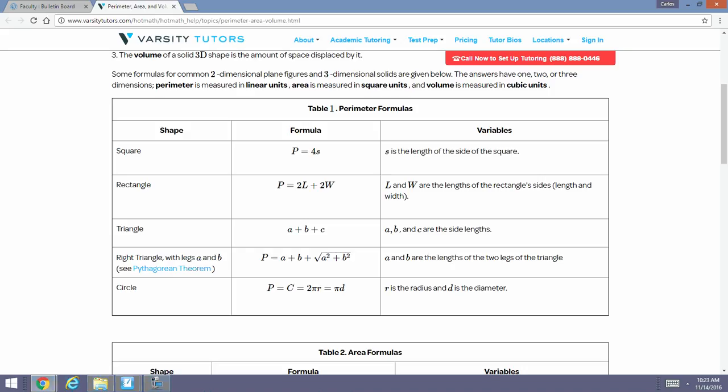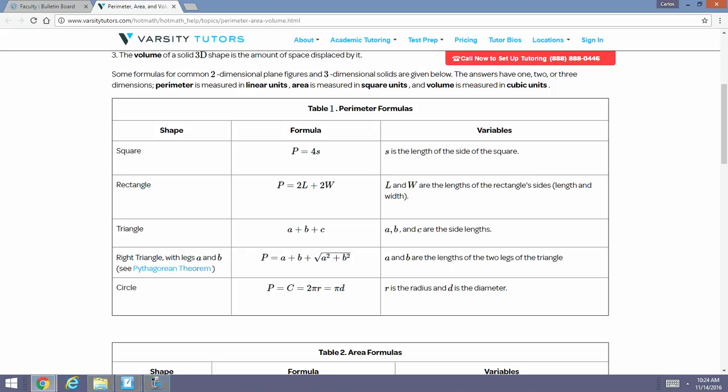Which ones are most likely going to be used? Odds are, usually we're talking about squares. Perimeter is 4s because all sides are equal. Rectangles, perimeter is 2 times the length plus 2 times the width.